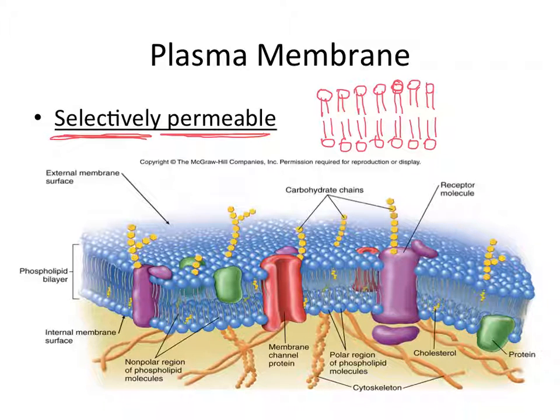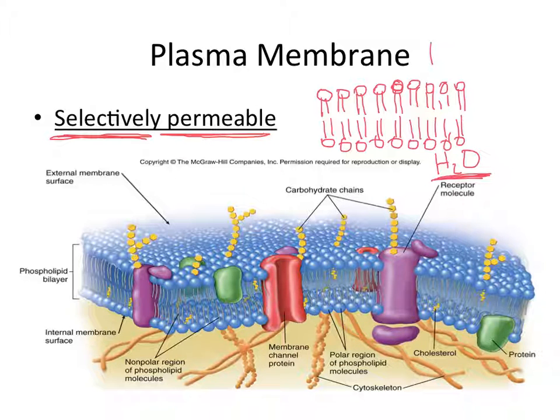Okay? Now, since these heads are hydrophilic, that means water is able to come right up to the edge of the plasma membrane. So this would be the inside of my cell here at the bottom. Water can come right up to the edge of the plasma membrane because these heads are hydrophilic.